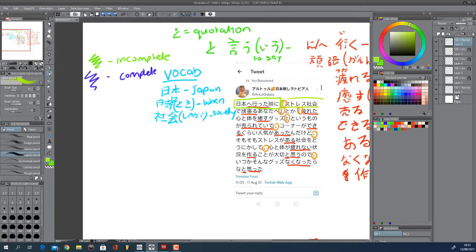We have a verb, like the other one. However, we end with anata e. Now, anata means you, and e means towards. So if you're writing a letter, you might say blah blah blah e, and use the e particle. So I don't know, Tanaka-san e, to Tanaka-san.